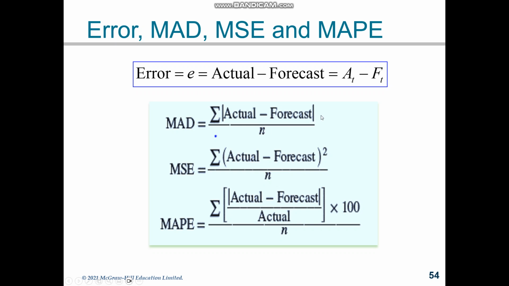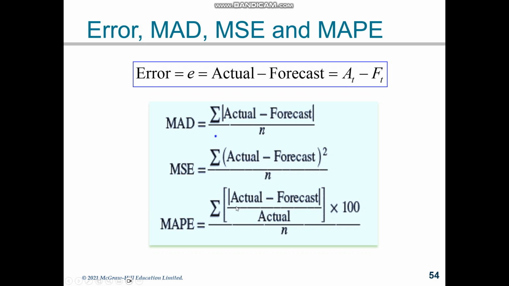It considers the average of deviation. Another measure, MSE, is calculating the squared error divided by the number of data, which is the average squared error. And the last one, this formula is shown here.